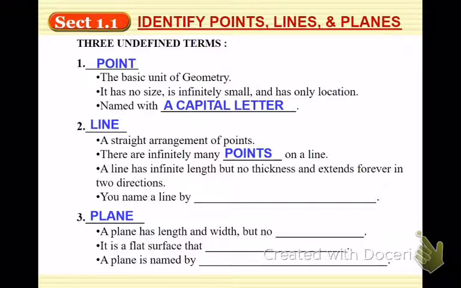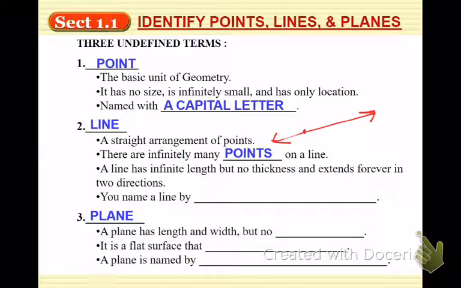There are infinitely many points on a line. A line has infinite length but no thickness and extends forever in two directions. And so it would look something like this. Now we can't draw to infinity. So what we do is we put arrows on the end of the lines to show that it goes in two directions forever. Extends forever in two directions.